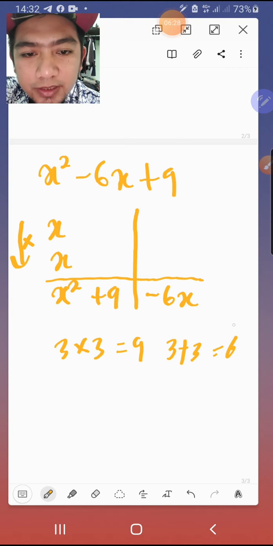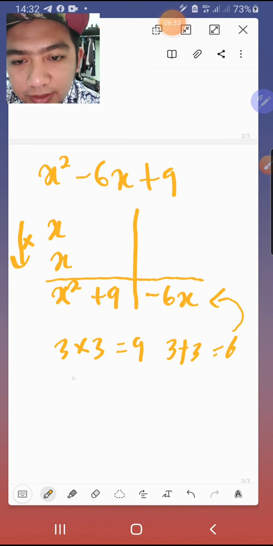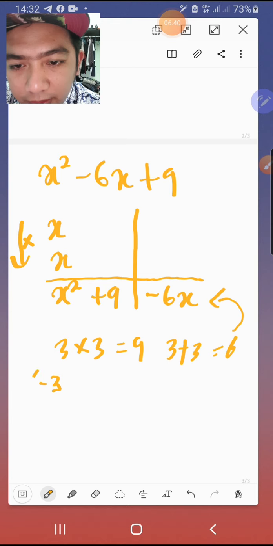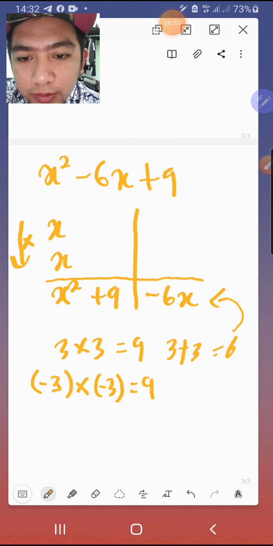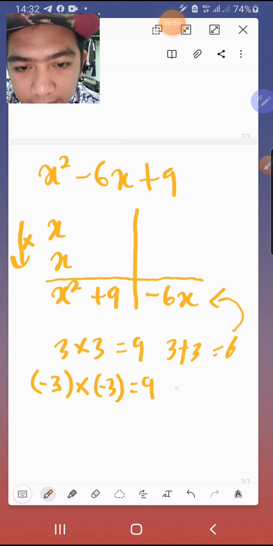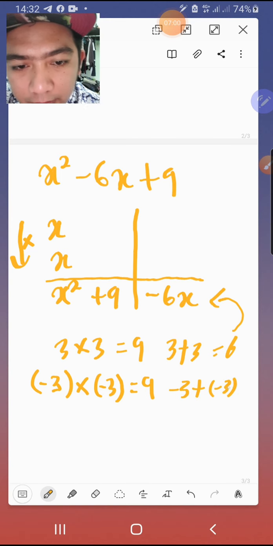Tapi actually sebenarnya kita mau cari negatif 6. So ada lagi satu syarat. There is other way to get 9. That is negative 3 times negative 3 is also 9. So nanti when we do the cross multiplication, negative 3 plus negative 3, so you akan dapat negative 6.